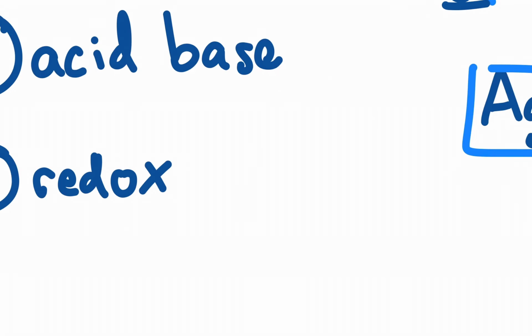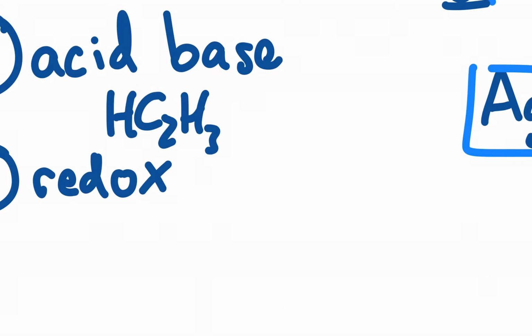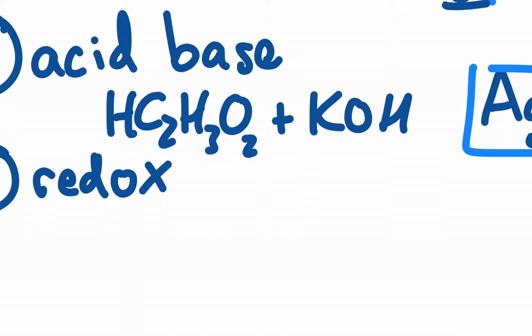If I had a similar case, but let's make it acetic acid, HC2H3O2, plus a strong base, KOH, this time we have to know which acids are weak and which acids are strong. Acetic acid is not a strong one, it is a weak one. Therefore, it stays together. It's not dissociated.